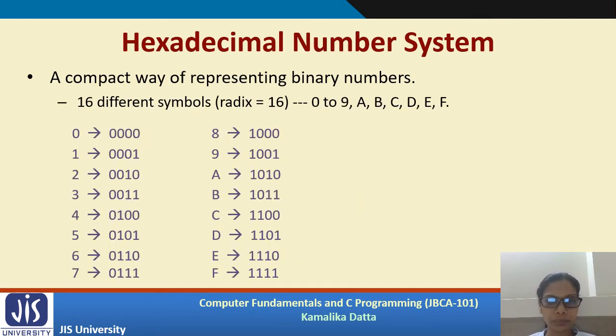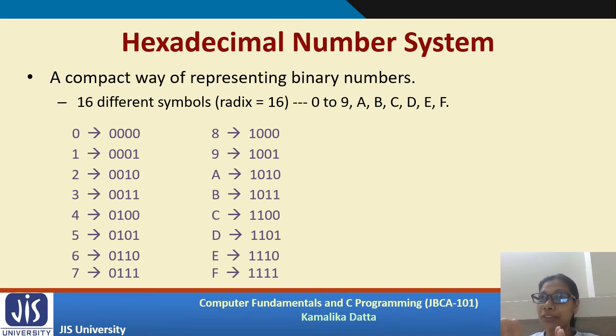Let's move on. Now, the binary number system is perfectly all right. But you see, for writing anything, if you use the binary number system, the string becomes huge, right? 0101. So representing anything becomes cumbersome. So for human understanding and also for writing code more easily, and for many other purposes, we use hexadecimal numbers.